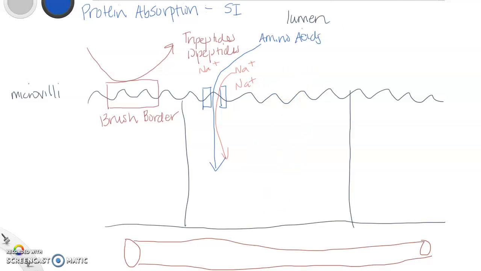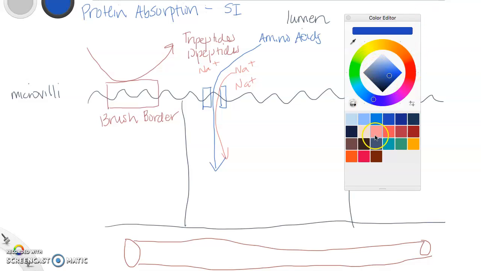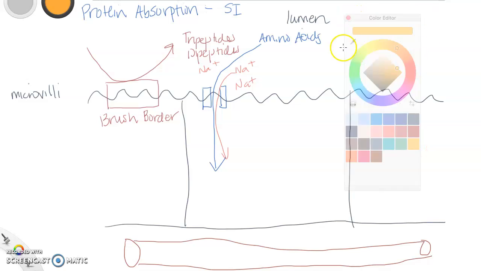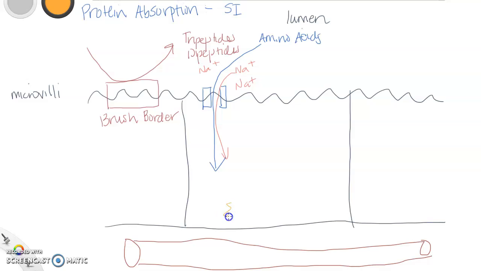On the other side of the cell, of course, we have our sodium-potassium pump. And that will keep the gradient for sodium going. So it will keep sodium flowing in.